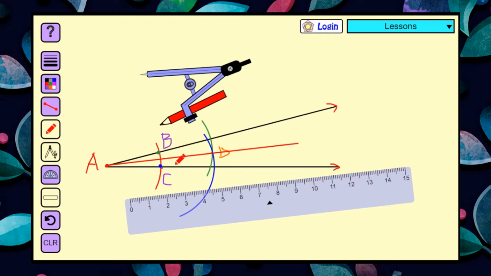So, magkakaroon tayo ng ray AD. So, in other words, tapos na tayo sa construction, it only shows the construction of angle bisector of angle A, which is the angle BAD is congruent to the angle CAD.